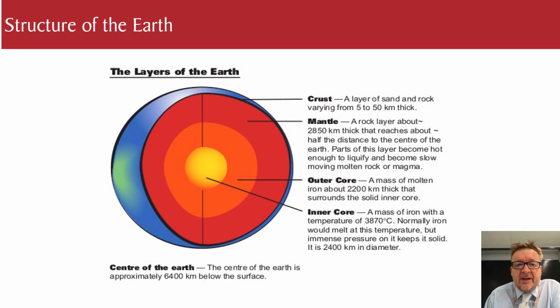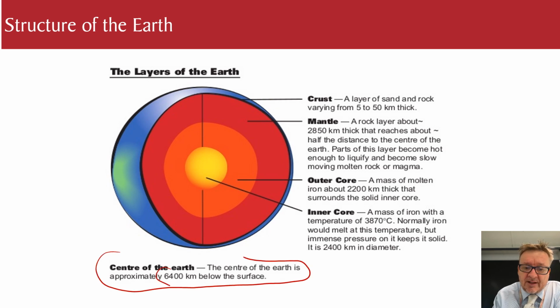What we're talking about now is the structure of the Earth. From the surface all the way to the centre of the Earth is 6,400 kilometres, which puts some of these other bits in perspective. The outer layer is called the crust, a bit like the skin on an apple, and that is 5 to 550 kilometres thick.